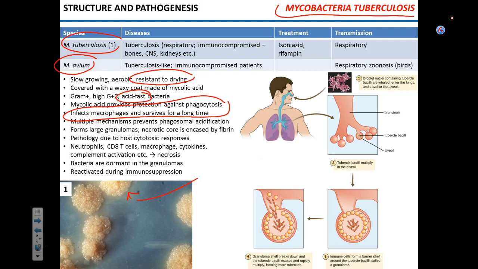As you may remember from other classes, phagocytes in general and macrophages specifically are the cells that consume bacteria, debris, all the stuff that should not be present in the human body, and they destroy it. Turns out when a macrophage phagocytoses Mycobacterium tuberculosis, instead of killing it, instead of dying, Mycobacterium tuberculosis establishes a long-term infection of the macrophage.